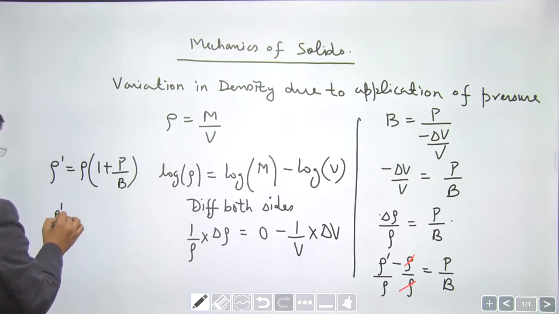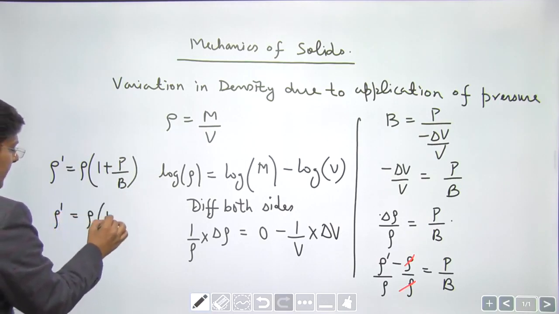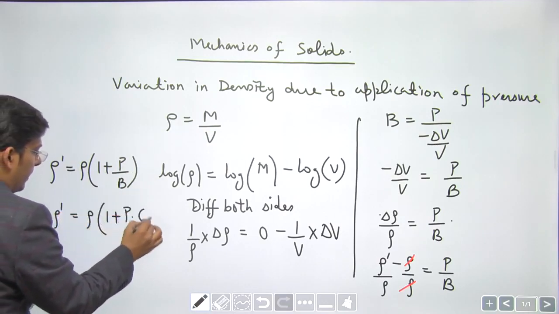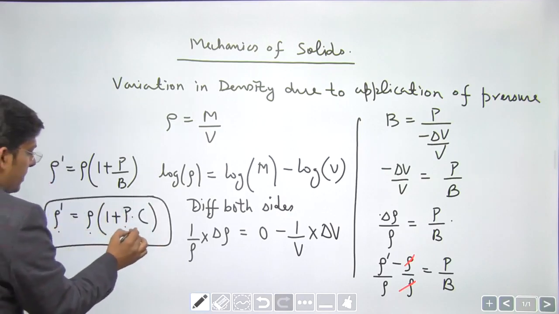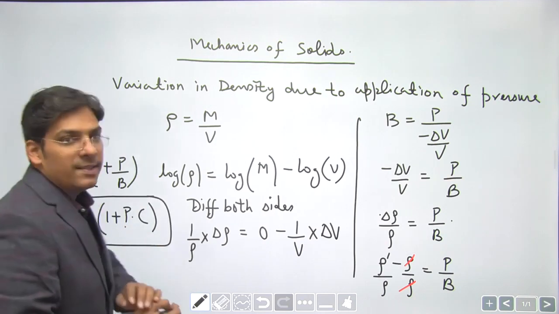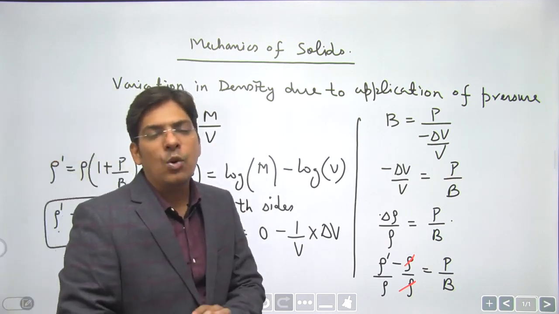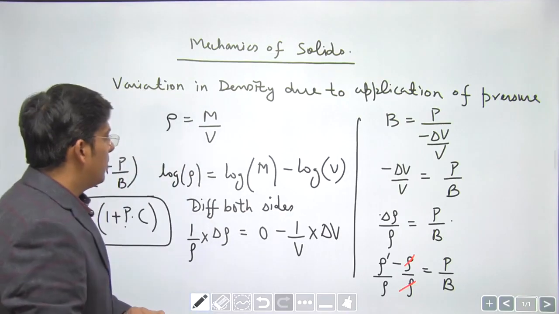Now 1 upon bulk modulus is compressibility. So here P is pressure, rho dash is the new density, rho is the original density, and capital C is the reciprocal of bulk modulus, which is called compressibility, dear students.